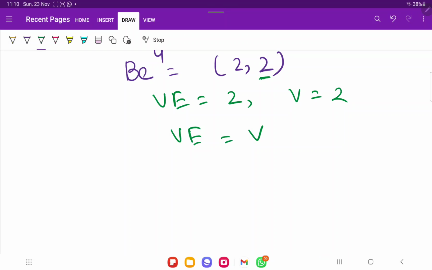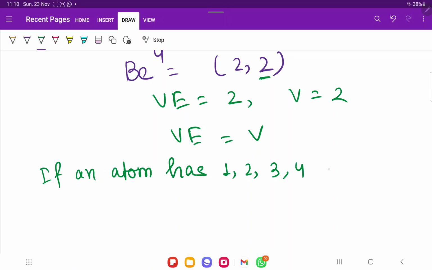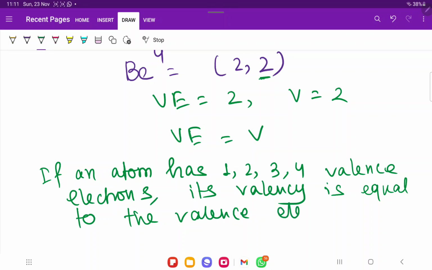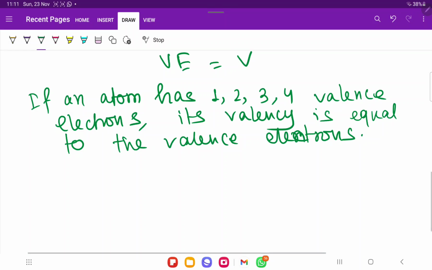So we can write this statement this way: if an atom has 1, 2, 3 or 4 valence electrons, then its valency is equal to the valence electron. Then we'll see other examples also.